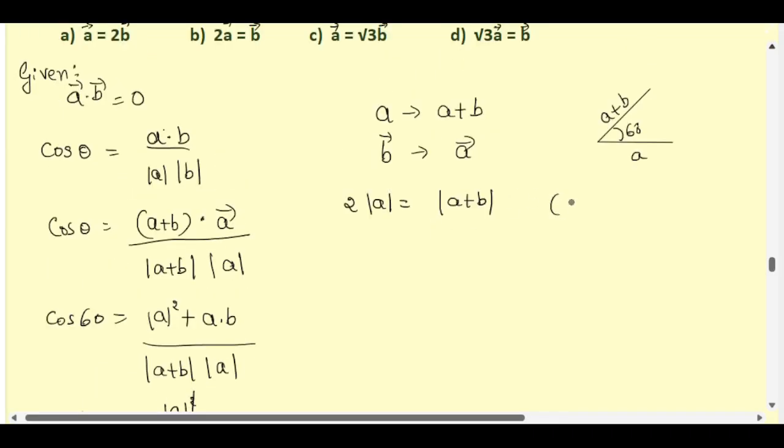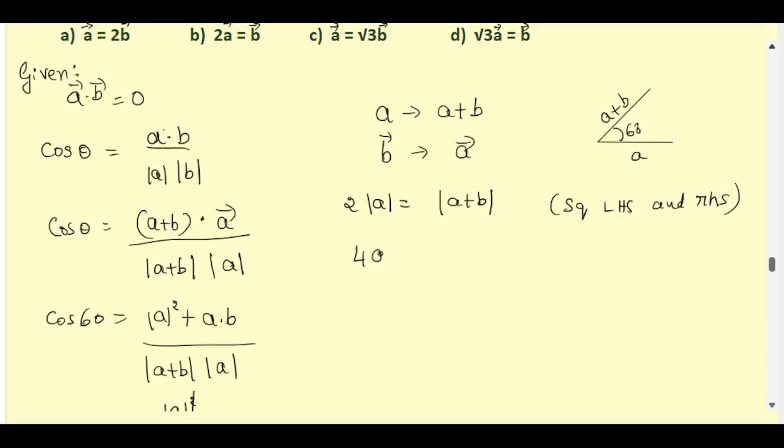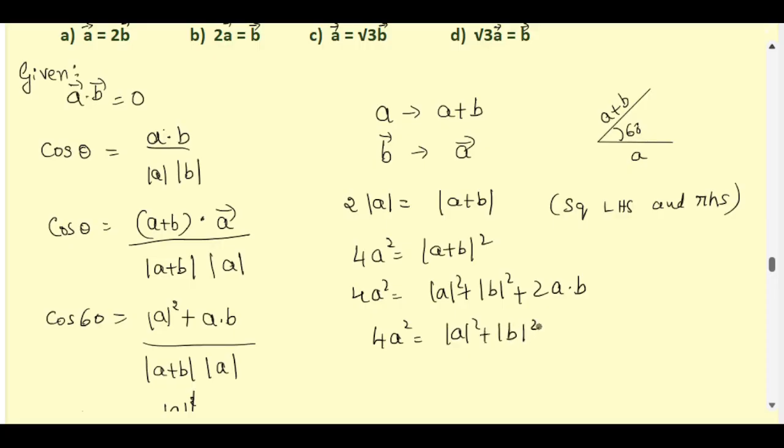Now let us square both sides, squaring LHS and RHS. So we get 4A square equal to A plus B the whole square, or 4A square equal to A square plus B square plus 2 A dot B. A dot B again will become 0. So what remains is 4A square equal to A square plus B square. 4A square minus A square is 3A square. 3A square equal to B square.